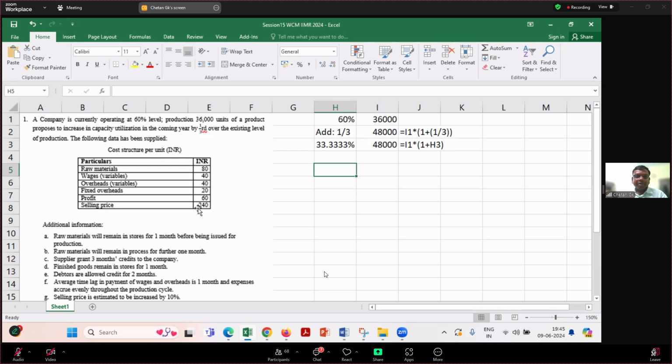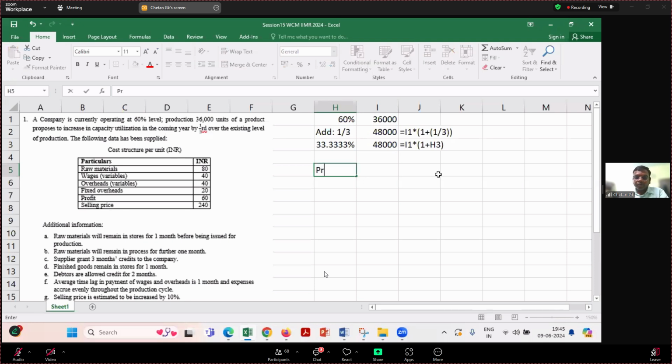Selling price is 240 rupees. How we got the selling price is total cost price plus profit. If you add a profit of 60, you'll get 240 rupees. How do you get profit? Selling price minus the total cost price per unit. It is an easy statement, right?